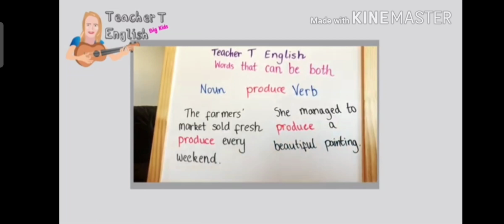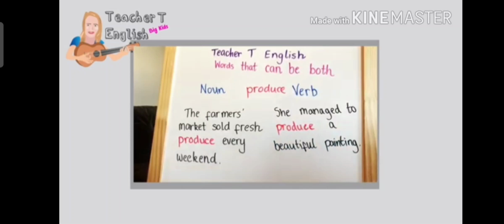She managed to produce. To produce means she is doing some action. So what action did she do? She did an action of producing a beautiful painting. So in this sentence we can see the action going on with the specific word produce.